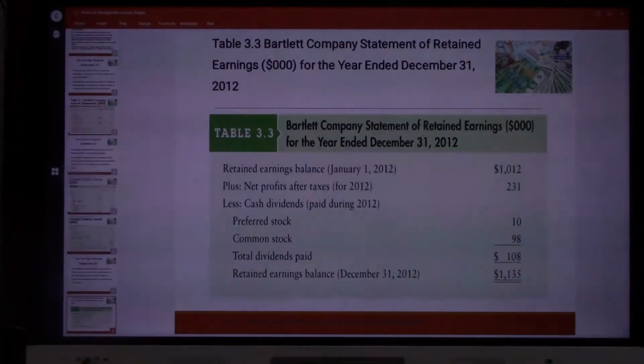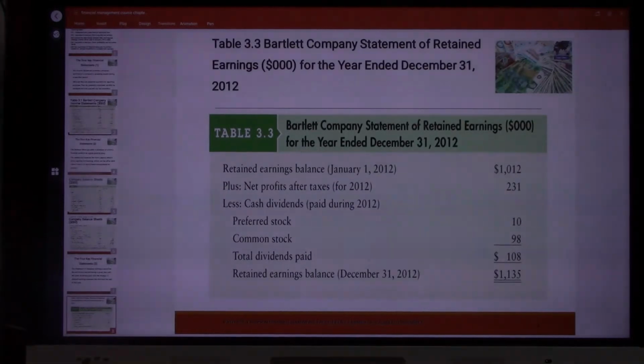In the retained earnings statement, for example, here we start with the retained earnings balance at the starting time. Our retained earnings balance on the 1st of January 2012, for example, is 1012, plus any net profits after taxes for the same year, for example here 231.